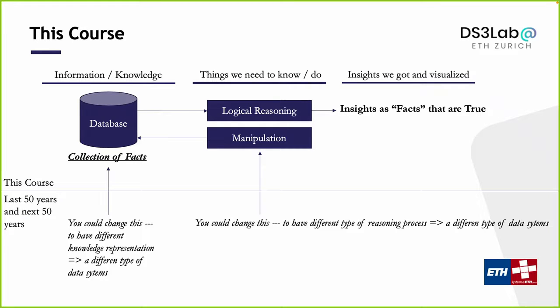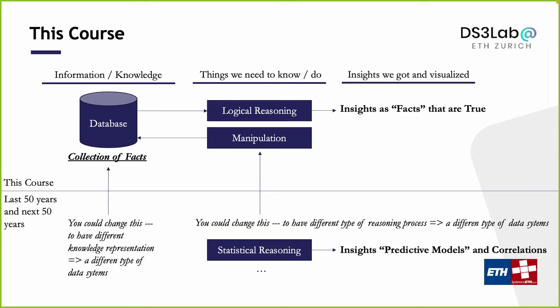And sometimes you can change the things that you want to know, right? For example, instead of doing those logical reasoning, I want to do statistical reasoning. I want to learn a machine learning model out of this collection of facts to help me to make predictions, right? In this case, you are going to have a very different type of system. If you want to learn more about that, next semester we actually have a machine learning system seminar.